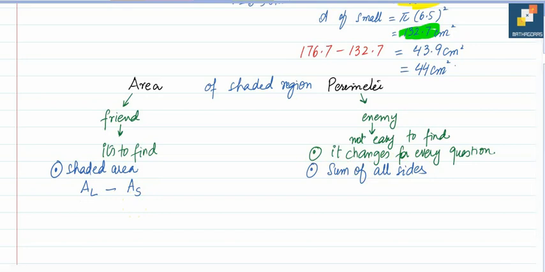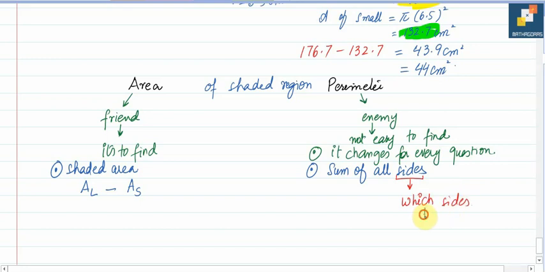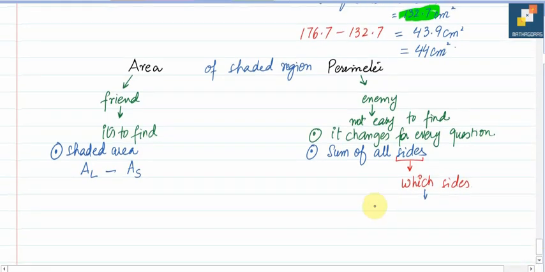Now the second question comes from this point. Sir, you are saying the sum of all sides, okay, but the question arises: which sides? Right? Which sides? And the answer to this question is sides of the shaded boundary, or you can say sides of the shaded region.